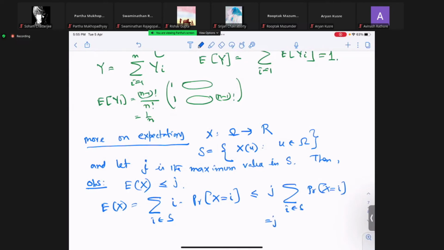This is a very simple observation, but it's very intuitive: the expected value cannot be more than the highest value that the random variable takes. That's the insight you should take home.